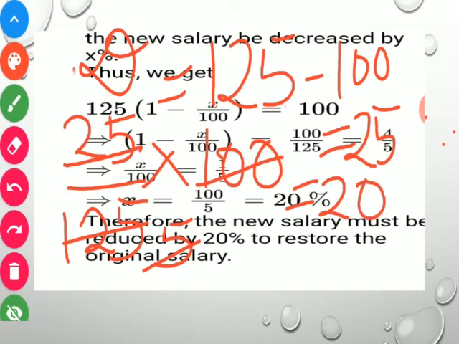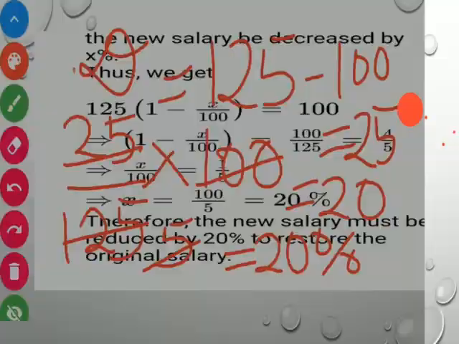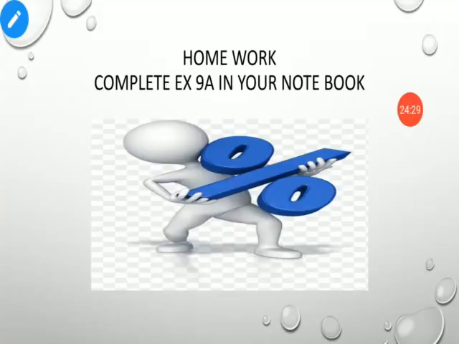This 100 will be cancelled by 5, 20 times. So the percentage will be 20%. That means his new salary should be reduced by 20% in order to restore his original salary. Hope you have understood this question.